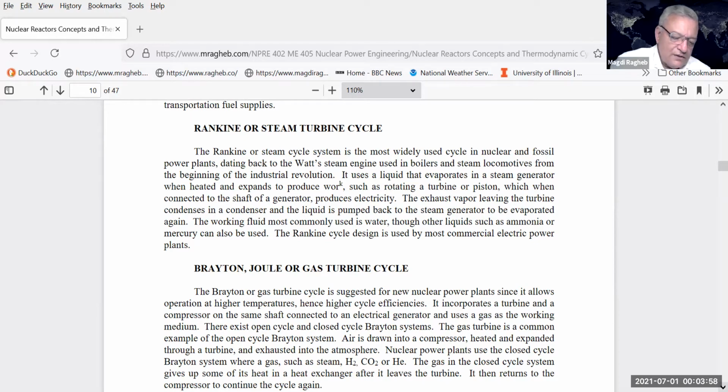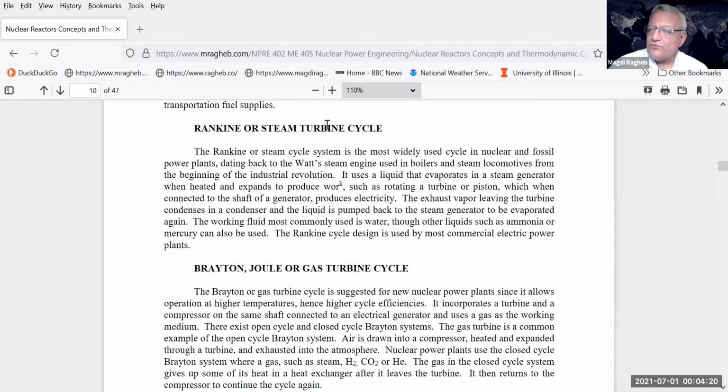You can separate the hydrogen from the oxygen, and the hydrogen in that case becomes like an energy storage medium. It becomes an energy carrier because you can move it from one spot to another after you store energy in producing it. So two important thermodynamic cycles, the Rankine or steam turbine cycle.